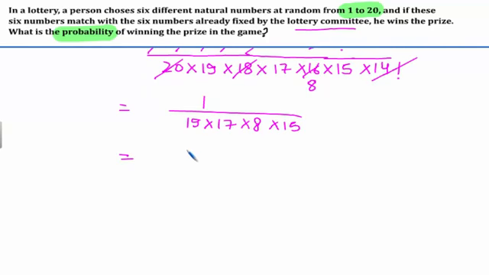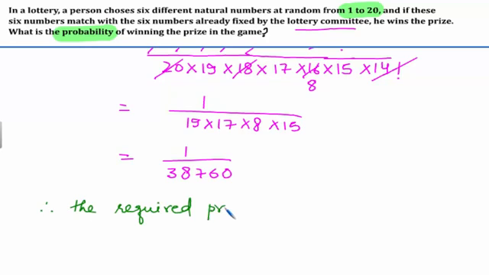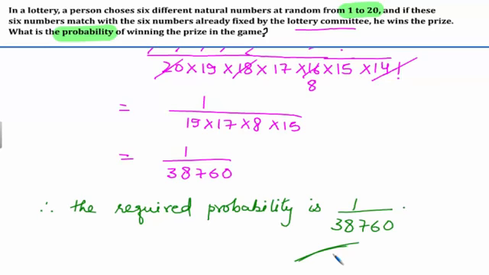And this is equal to 1 divided by 38760. Therefore, our answer is the required probability that the person wins the game is 1 divided by 38760. This completes the solution.